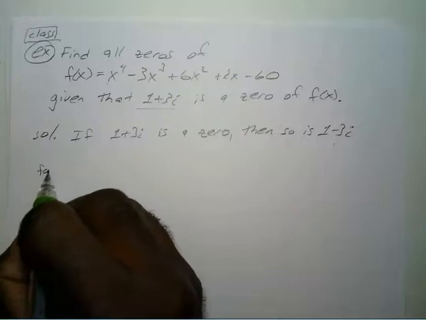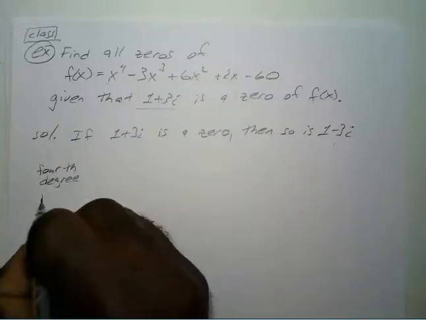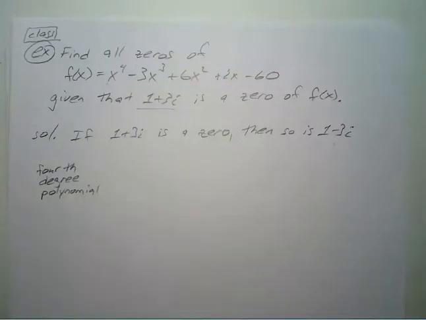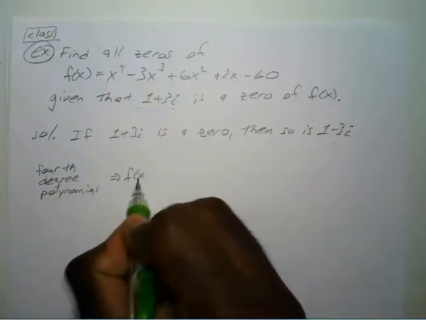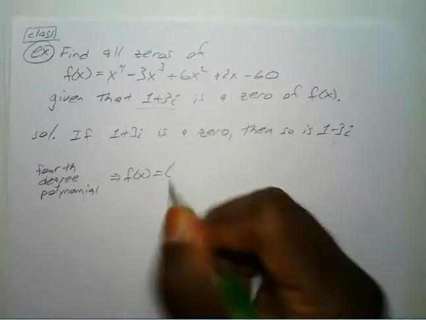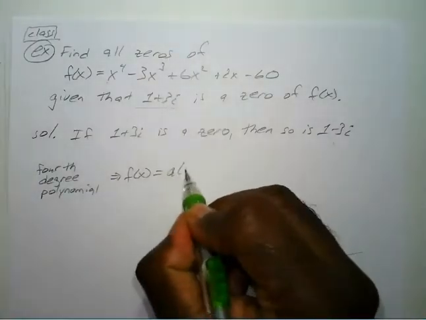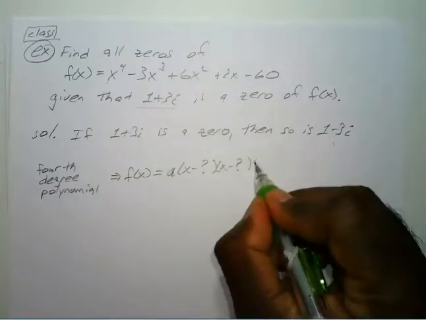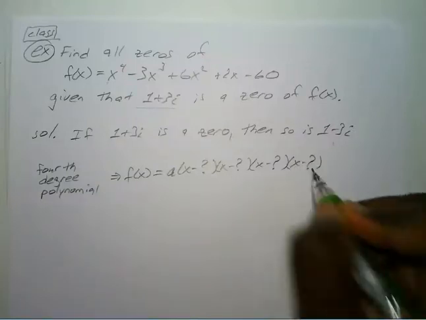Okay, so when you have your fourth degree polynomial, you already kind of know how it's going to look. You have your f of x is equal, forgot my a there, a times x minus something, x minus something, x minus something, x minus something.